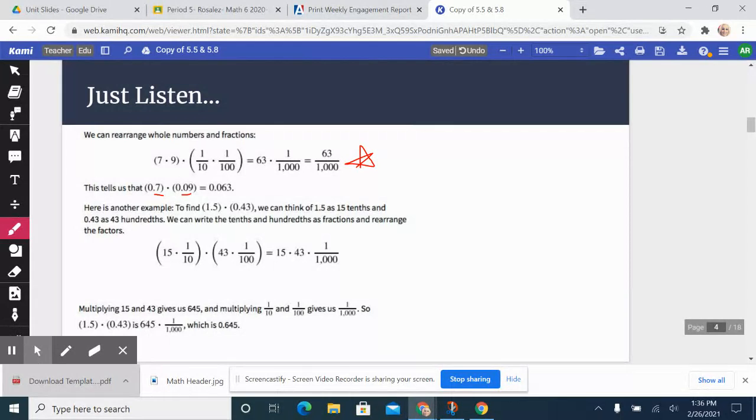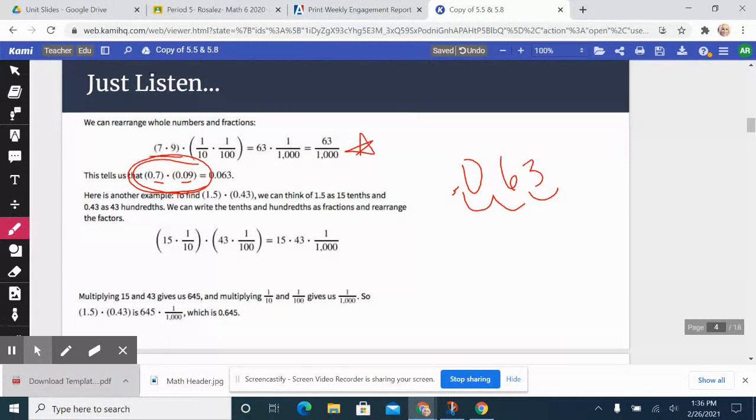So what they're trying to highlight to you, and it looks a little more confusing than it actually is, but if you were to take 7 times 9 and you know what 7 times 9 is, it's 63. If in your original problem you had 3 decimal places, you would move your decimal over 1, 2, 3. So your answer would end up being that.